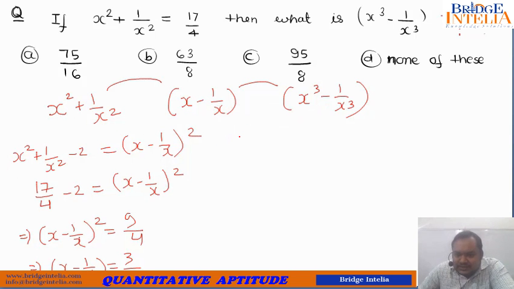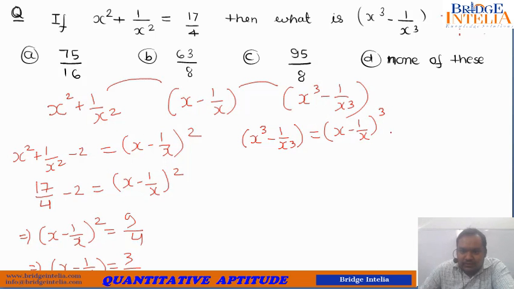Second transition: x cube minus 1 by x cube is equal to x minus 1 by x whole cube plus 3x into 1 by x into x minus 1 by x, as per the standard algebraic identity. This is what we have to find.